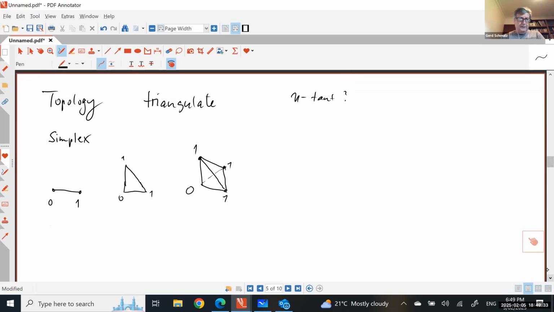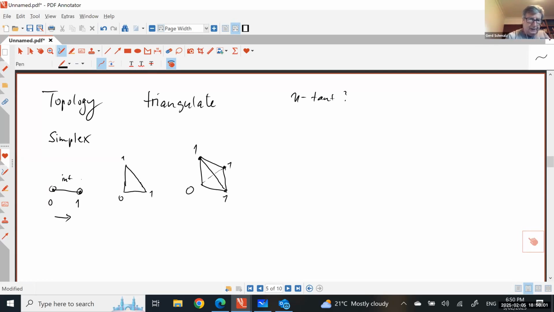So all these simplices, they have some interior and we have some boundary. And by the way, we want these simplices to be also oriented. So here we have maybe the usual orientation from left to right, from 0 to 1, from smaller to bigger.